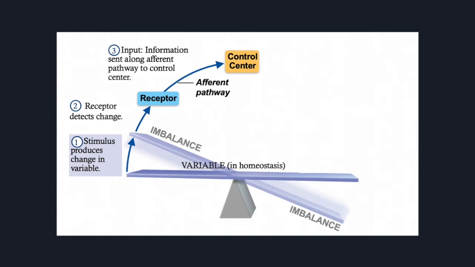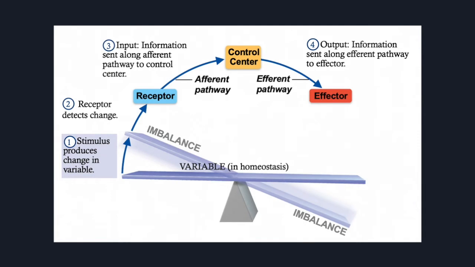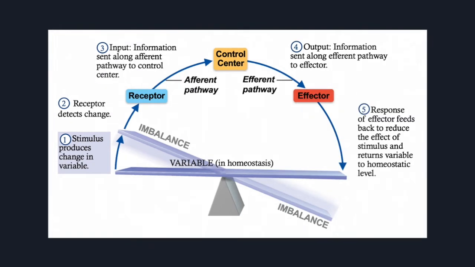So information would be sent to your brain or spinal cord to say, hey, it's really hot, we need to do something about this. Then we would have the output. The information is received by the control center, and then the control center sends out information along the efferent pathway to cause an effect, to have some kind of response.